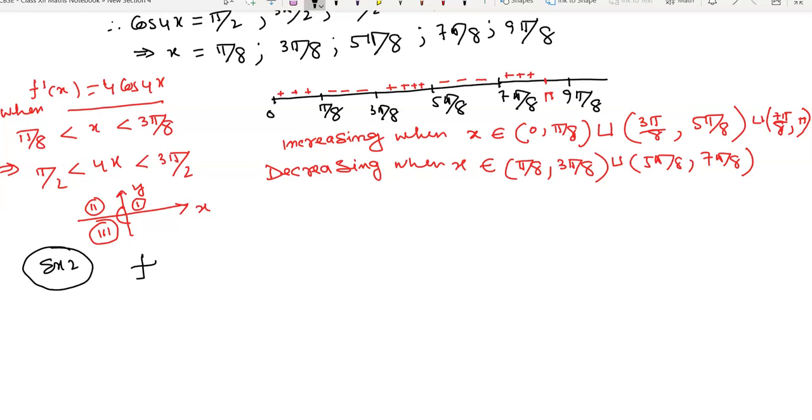Find the interval in which f(x) equal to sin x minus cos x is increasing or decreasing in the interval 0, 2 pi. I have taken a longer interval because you may be confused if just one critical point you obtain there, then you think all questions will be of that kind only.